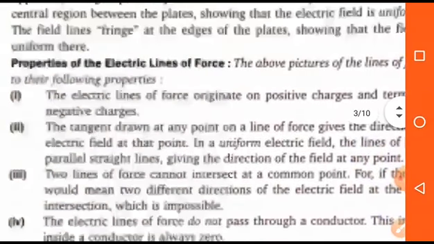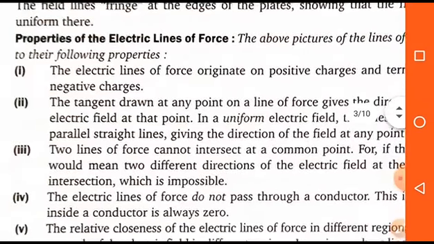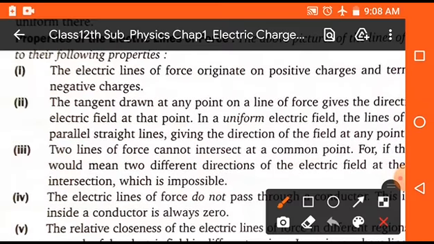Now the next topic is properties of electric field lines. Some of the most important properties are: first, electric lines of force originate on positive charge and terminate on negative charge. It means that they always start from the positive charge and terminate on the negative charge.